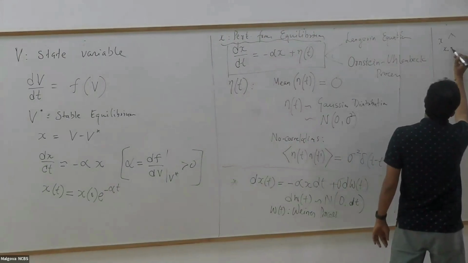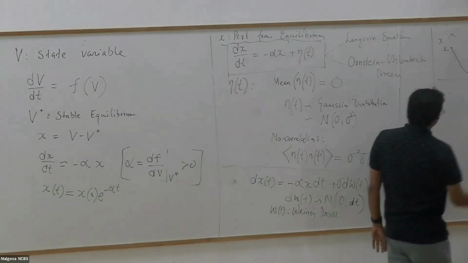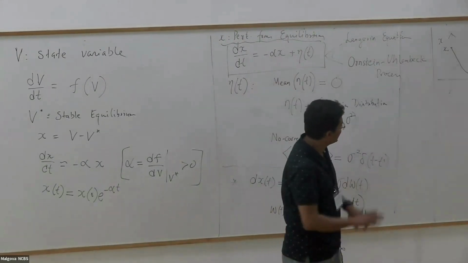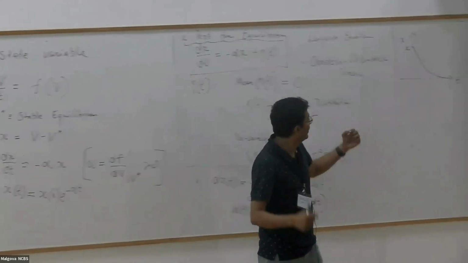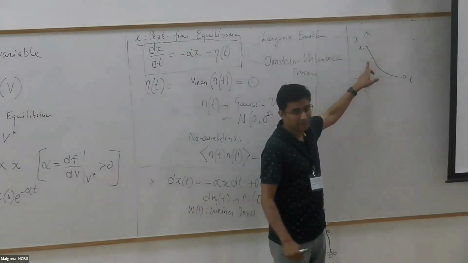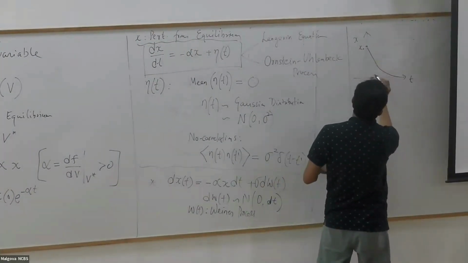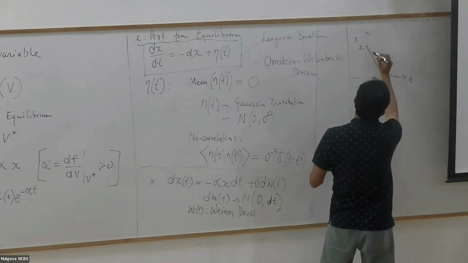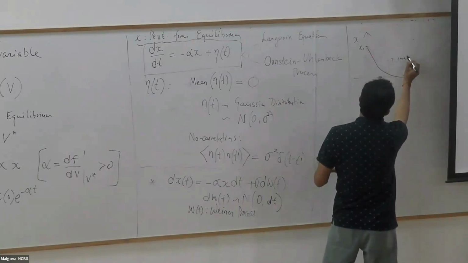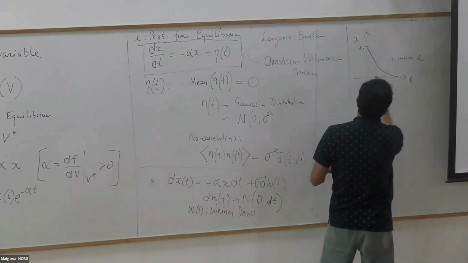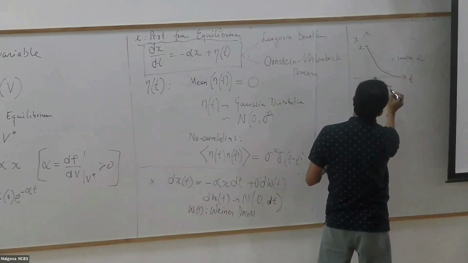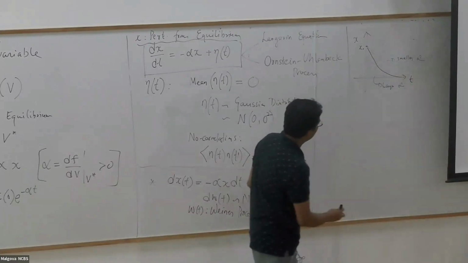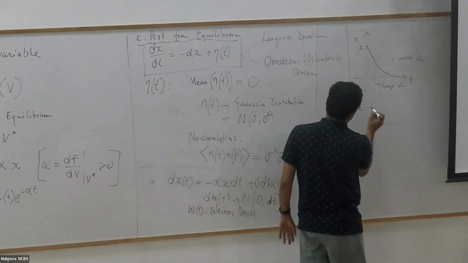If I were to plot for some alpha, this is how it would look, right? For some arbitrary alpha. Now, if I increase alpha, how would this curve look? A faster decay, right? If I reduce alpha, this would be the curve. So what does alpha therefore indicate?